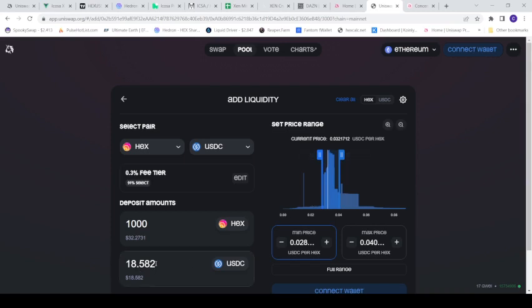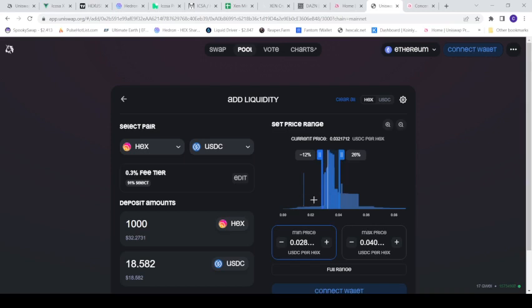So this 18.58 will transfer all into Hex, and now you'll be left with all Hex and no USDC. So that's what happens when you start trading this way to the left. So price goes down. If say Hex price goes to 2.5 cents, you'll be left with all Hex, no USDC.